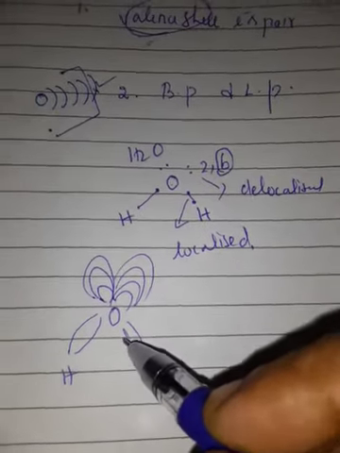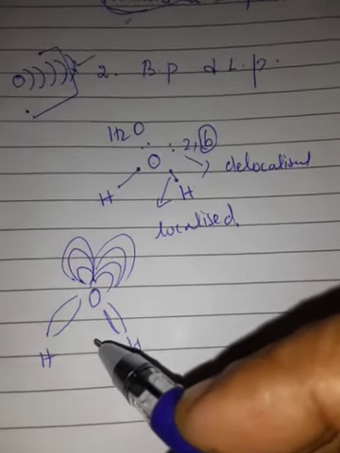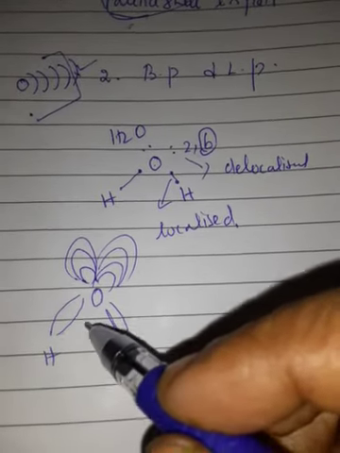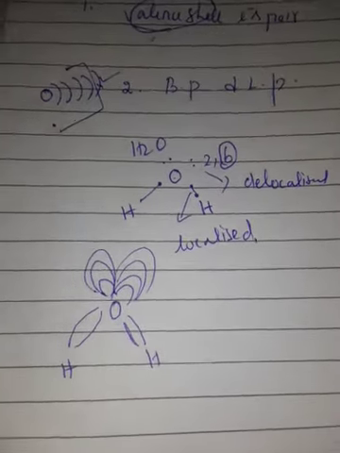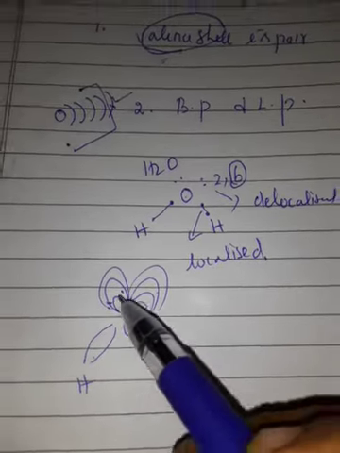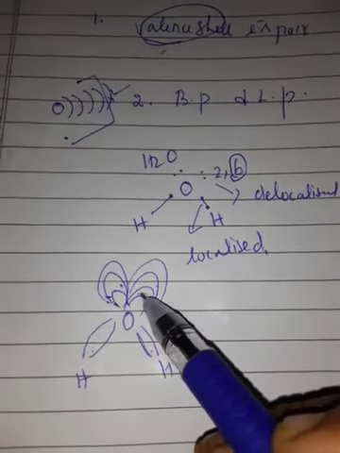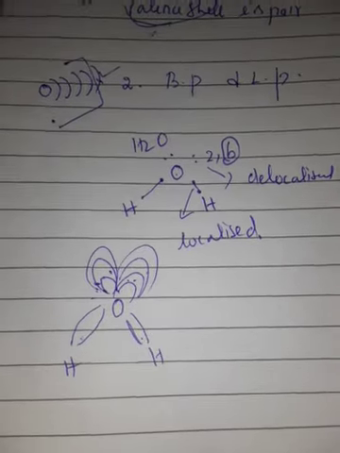The bond pair is tightly held between the two atoms, cannot expand, and is not able to move, so it is localized, while the lone pair is delocalized. So this is a lone pair, and these are bond pairs.